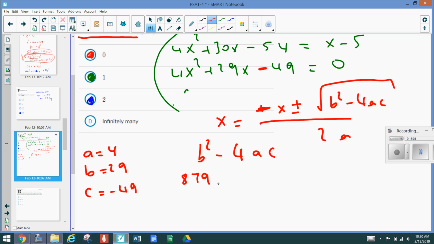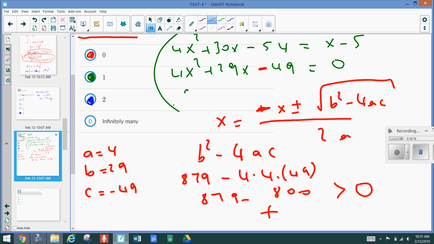I'm just making up this number. Minus 4 times 49. Let's say this is 50. It's negative. It's going to be around 800. Still, the result is going to be positive. So 879 minus 800 is going to be a positive number. If it's positive, how many solutions? 2 solutions.